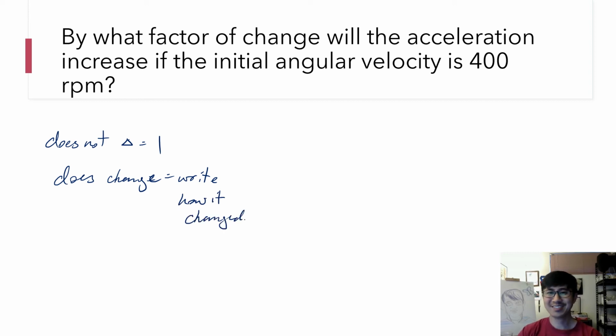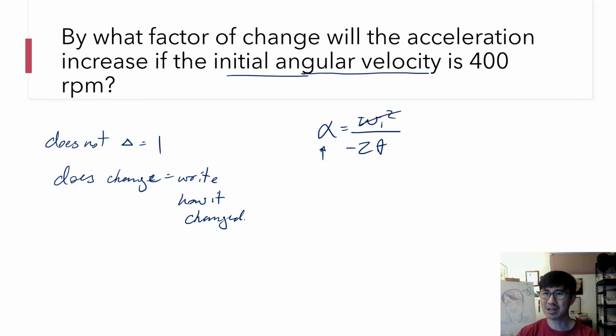So our derived equation was alpha is equal to omega initial squared divided by 2 times theta, and it's negative. But in this change, the only thing that changes is the initial angular velocity. So this is going to be replaced by a 2, right?